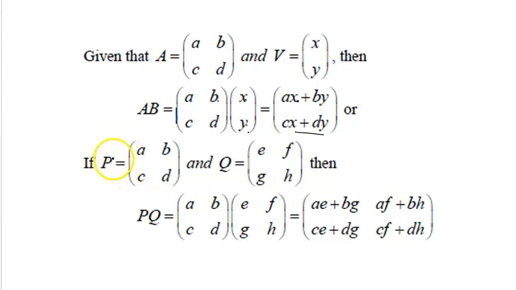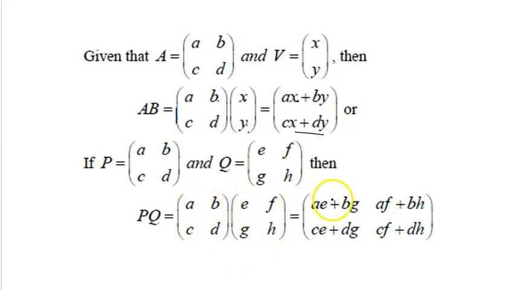Okay, so if you have matrix P, which is a 2 by 2 matrix, and Q is also a 2 by 2 matrix, let's see how we are going to multiply. Let's check the first one: 1, 2, we have 2 columns. 1, 2, we have 2 rows. So P and Q are conformable. Then we can multiply. You multiply the first row by the first column.